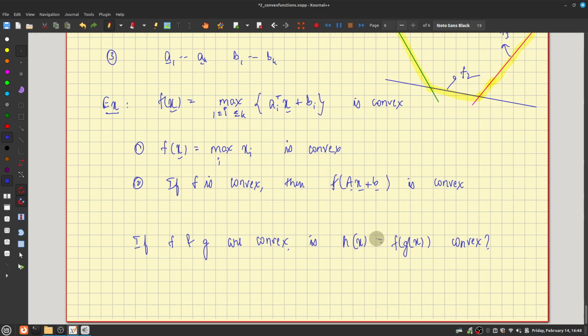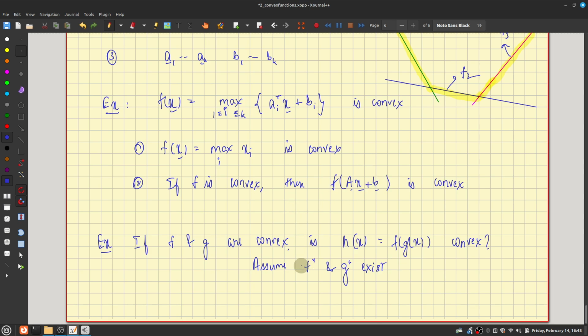Right now we'll just assume that g could be a function from Rn to R, but f is a function from R to R. You can assume that the first and second derivatives of both functions exist.